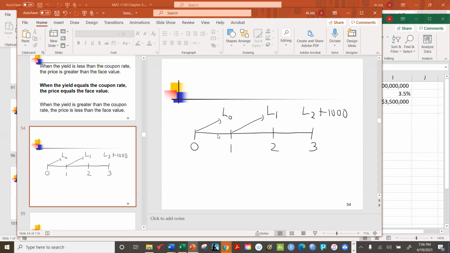So let's take a look at L1. Let's say this is a $1,000 face value bond. Suppose that the rate L1 is 3%.